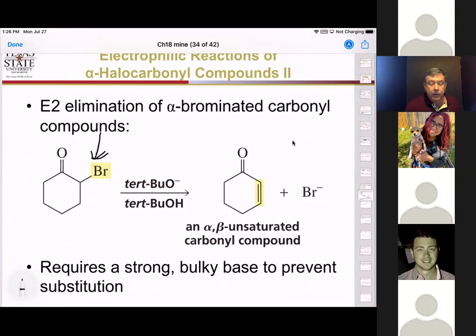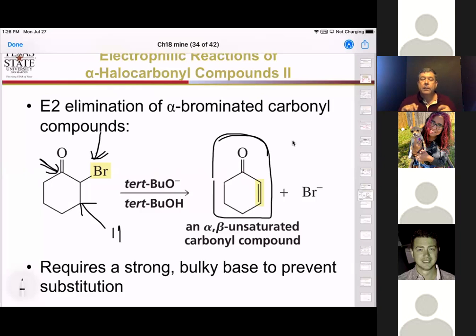There are no hydrogens on this carbon here, so it has to pull the hydrogen off of this carbon, generating your conjugated double bond with your carbonyl compound. So it's your unsaturated carbonyl compound, and it'll always be conjugated because you knew exactly where the bromine started.